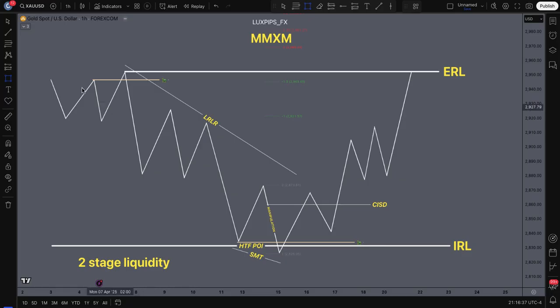So here's the thing. You got accumulation here, accumulation here, before expanding down into the POI.